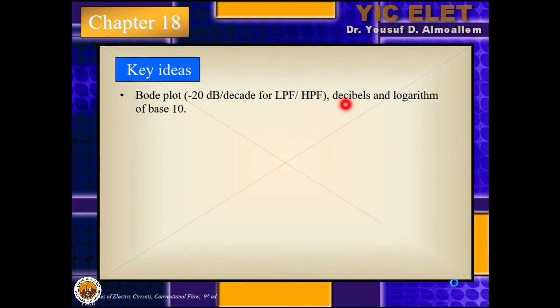And we discussed the decibel and the logarithm of base 10, and how to move from normal numbers to the logarithmic scale. Then we saw the first order low pass and high pass filters, and how they are formed by RL and RC circuits, and that swapping the positions of these elements, L's and C's, will change the function of the circuits.